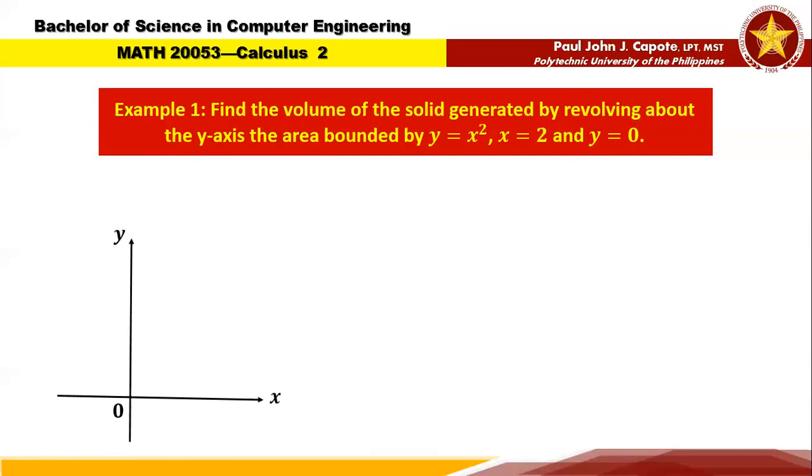First, we need to sketch the graph of y equals x squared. This is a parabola opening upward. And x equals 2 is a vertical line. The line intersects the curve at point (2, 4).